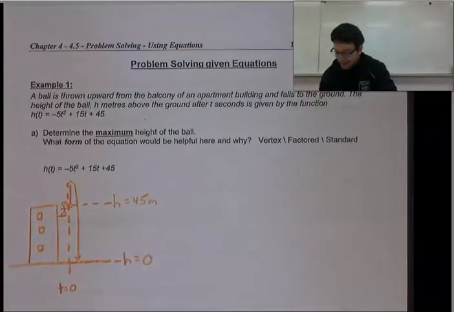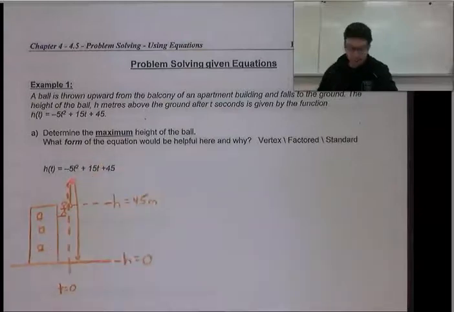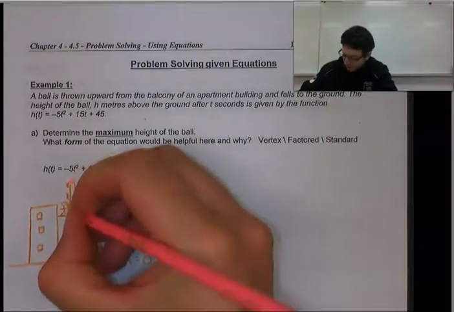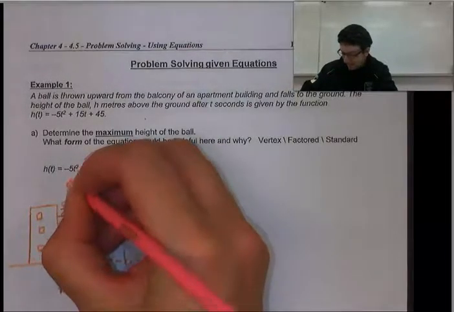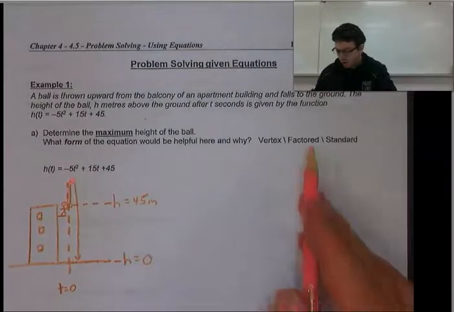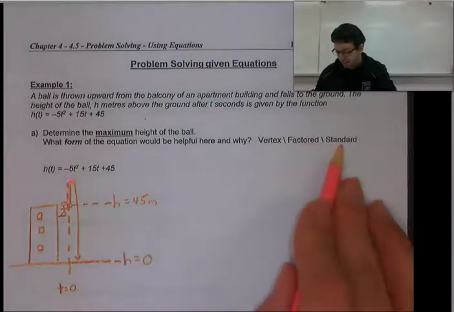So I haven't quite answered the question because the maximum height would be here. That's where the maximum height is. And I should have drawn this parabola a little bit more wide. But let's just say this is a very, very stretched parabola. If that's the maximum height, would I want to use vertex form, factored, or standard?